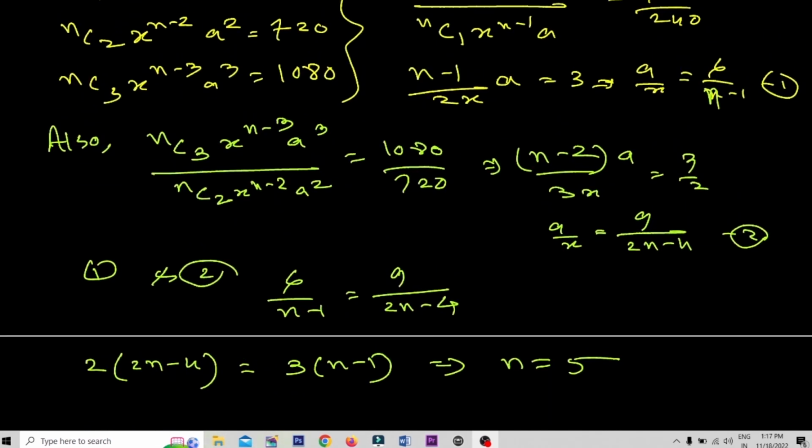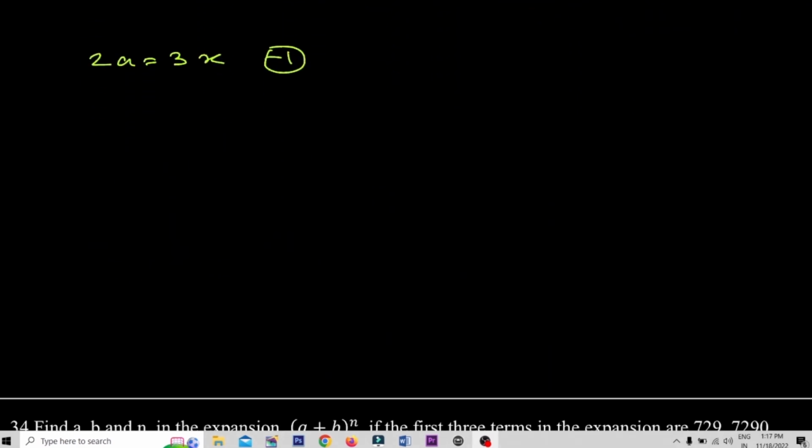In the number 1 equation, it is coming a by x equal to 3 by 2. Now 5C1 into x to the power 5 minus 1, that is, x to the power 4, into 3 by 2x equal to 240.